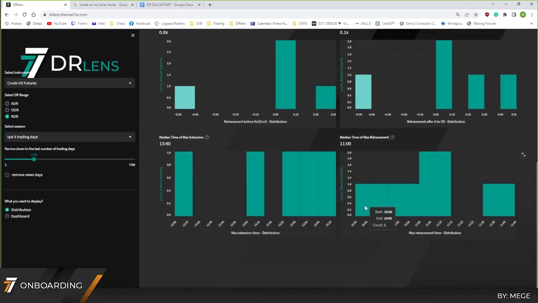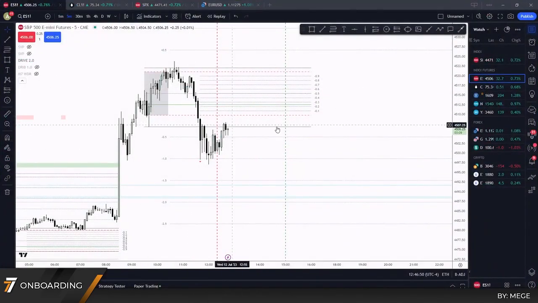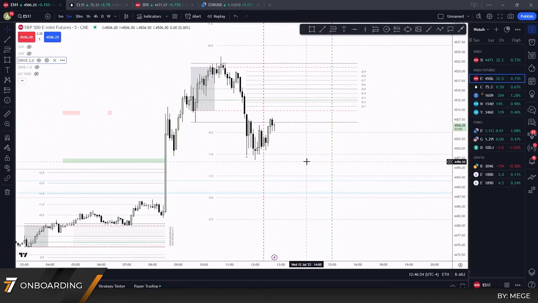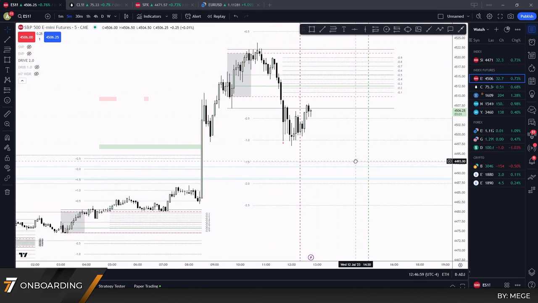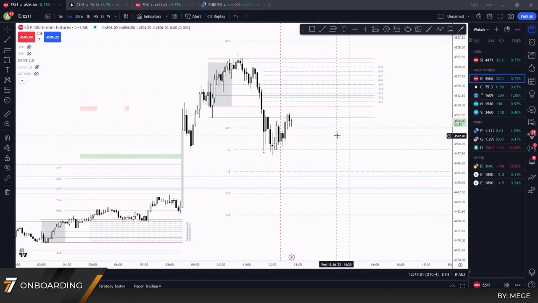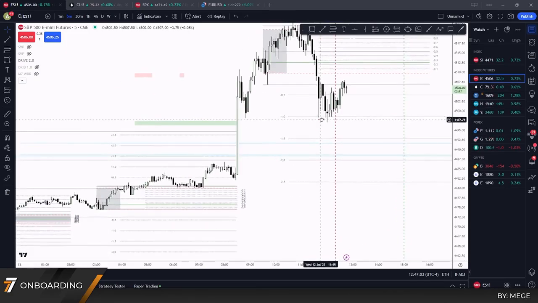But the thing is, we're not trying to estimate or find out about causality here. We know that these levels, the DR levels, the retracements, happen at a certain time a lot of the time, maybe there is a reason why they happen there. We're not trying to derive a trading system.